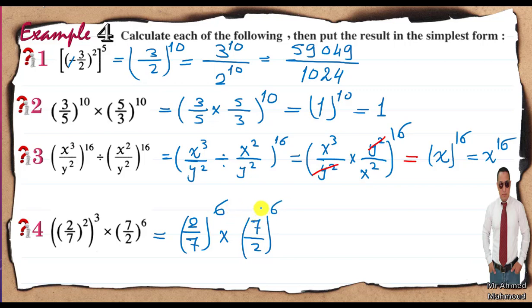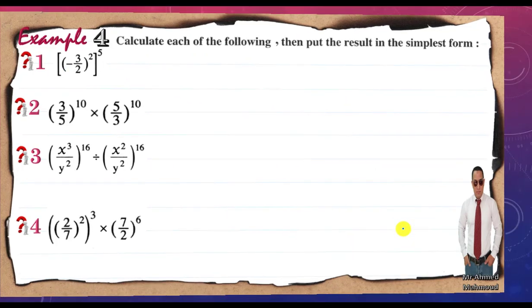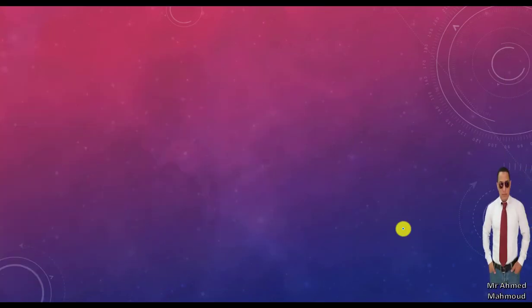Now I'm going to take power of 6 as the common power, so it will be 2 over 7 times 7 over 2, all to the power of 6. 2 over 7 times 7 over 2 equals 1. 1 power of 6 equals 1. Okay, now let's go to example 5.